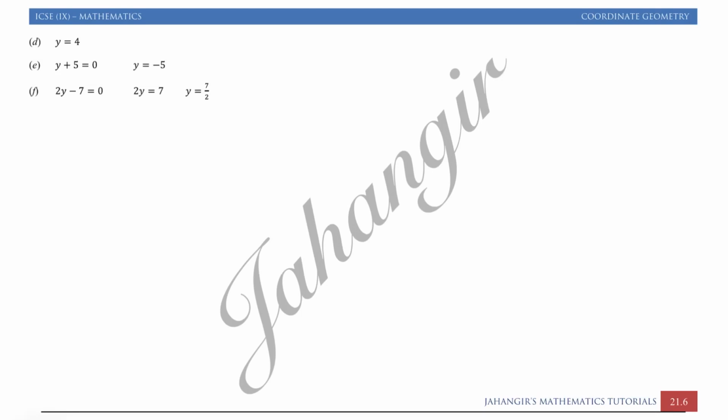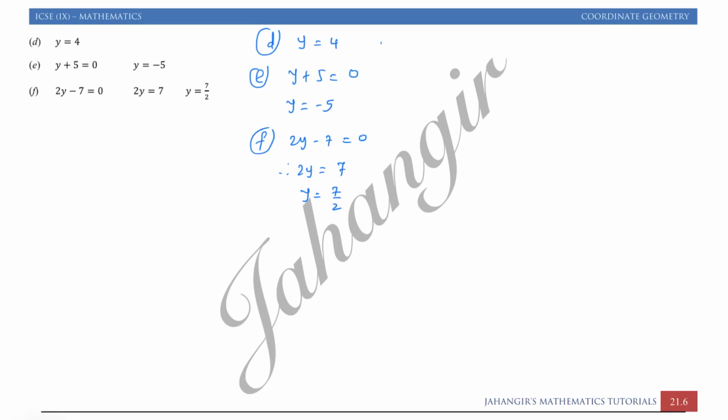Question number first, D, E and F we will draw on one graph paper. If you see, D, E and F are all in the form of, see, D is y equal to 4, E is y plus 5 is equal to 0, so we can write y equal to minus 5, and in F we will write 2y minus 7 equal to 0, so therefore 2y is equal to 7 and y equal to 7 by 2.